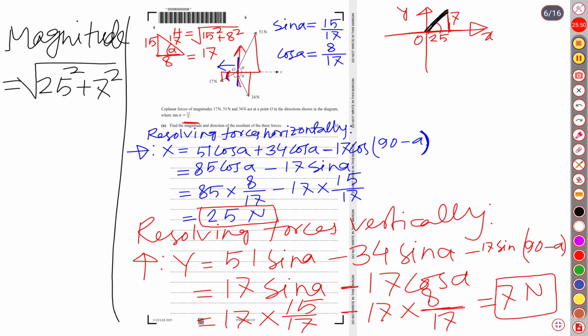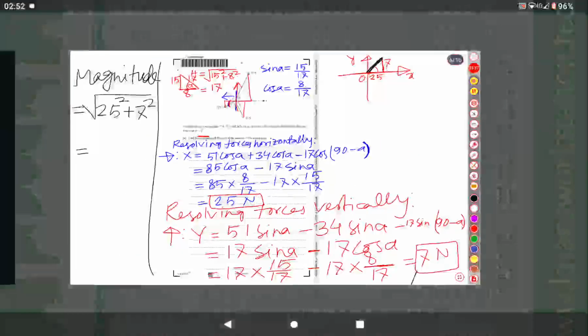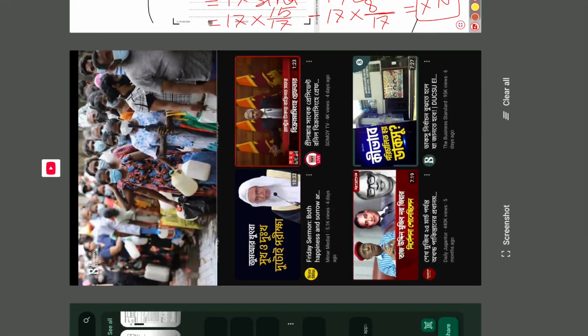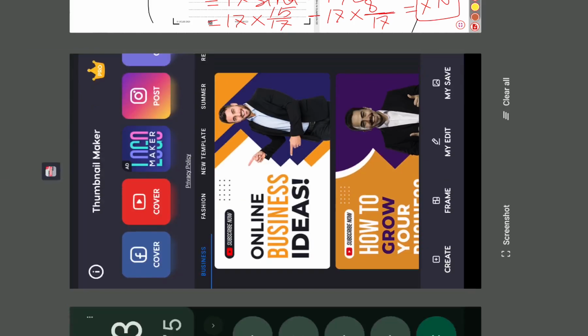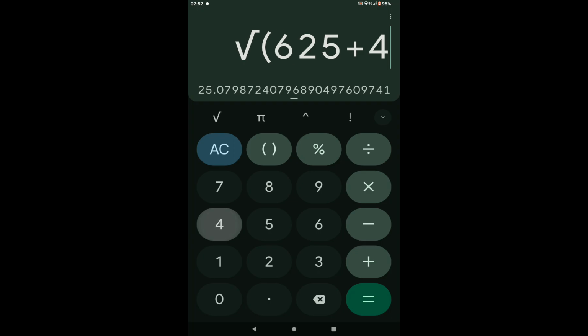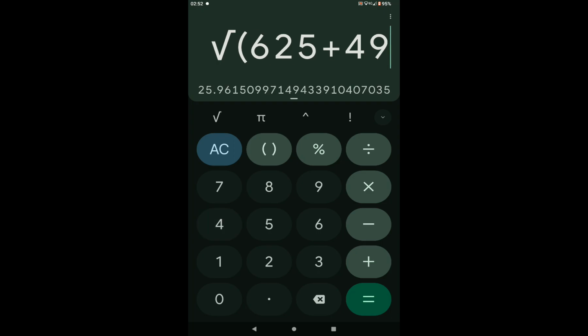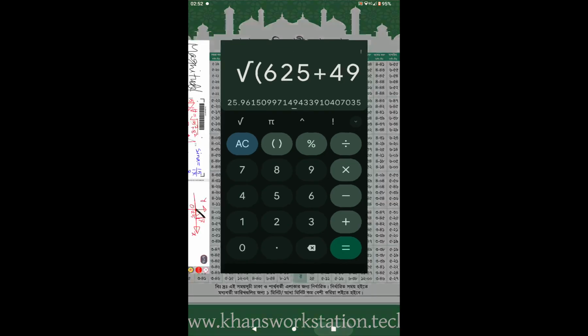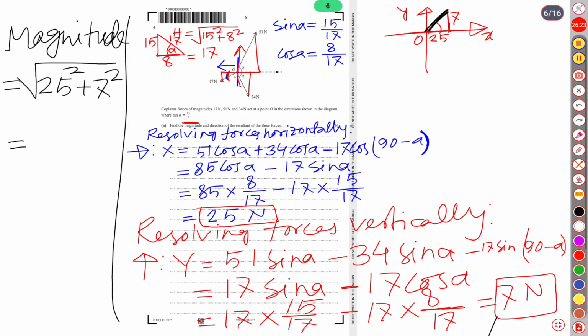So let us use our calculator for finding this. 25 square plus 7 square means square root of 625. Okay, square root of 625. It is 25.96, which means 26.